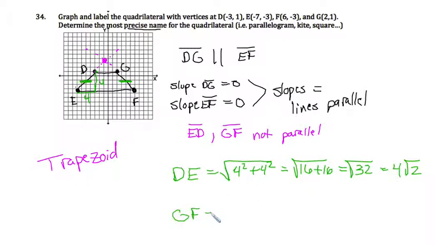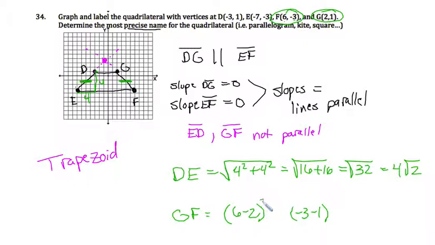Again, I like drawing the triangles, but if you like the distance formula, here's a quick review for you. Since we're looking at G and F, I'm going to take the x minus the x, so 6 minus 2. That'll tell me the distance between their x's. I'm going to take the y minus the y, so negative 3 minus 1. These two values are the same thing I got when I counted down and over for DE.